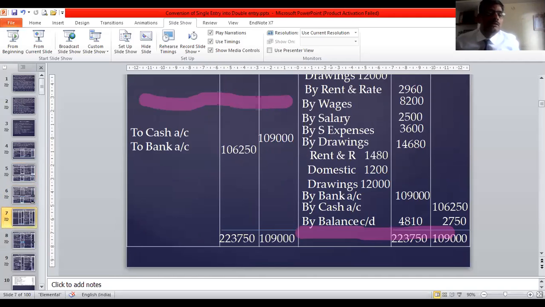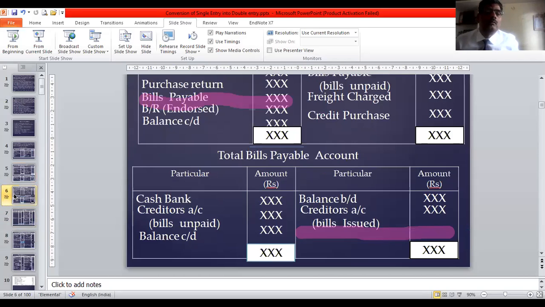In the creditors account, you have to make adjustment regarding bills endorsement.